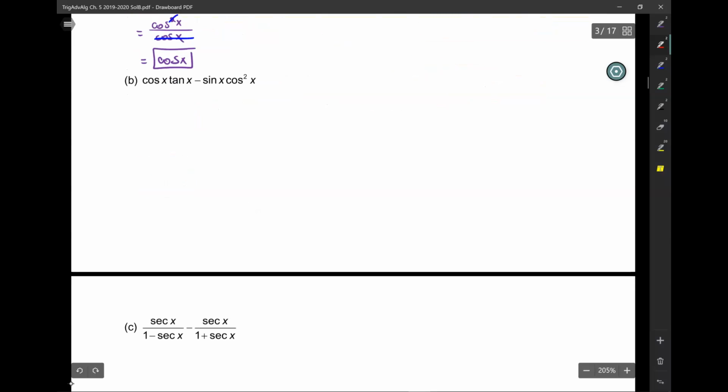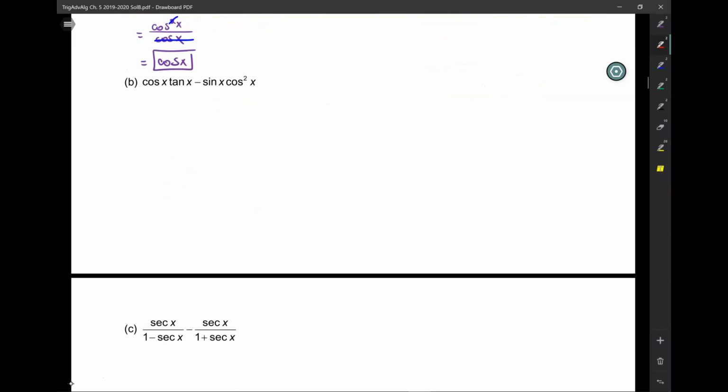Okay? All right, let's take a look at this one. Look at what I have here. I have cosine, tangent, sine, and cosine. When you have a mix of trig functions like that, first put everything in terms of sine and cosine.